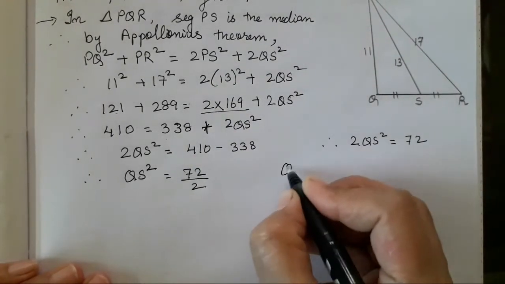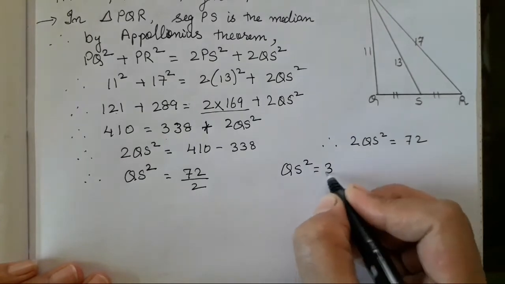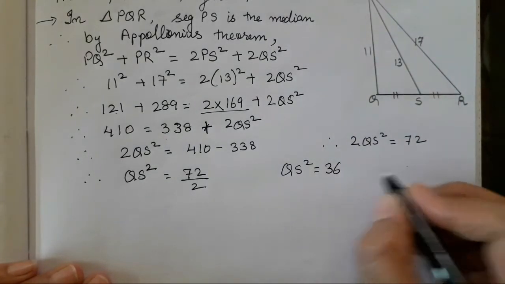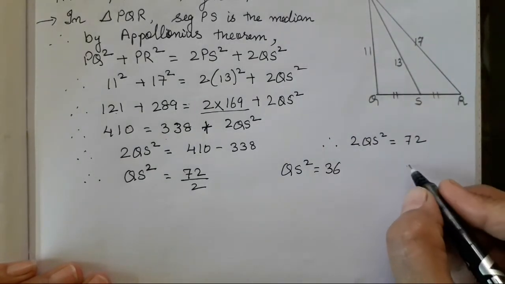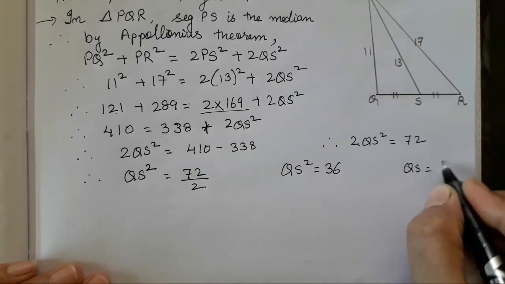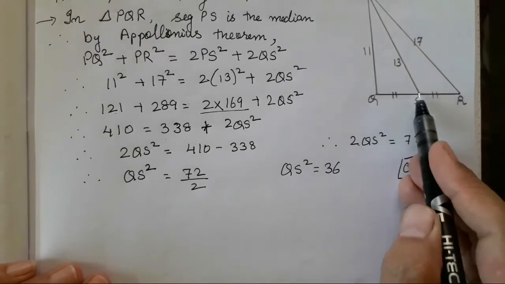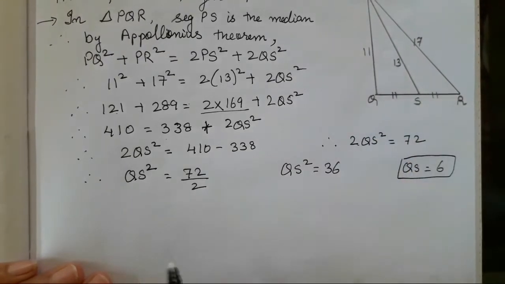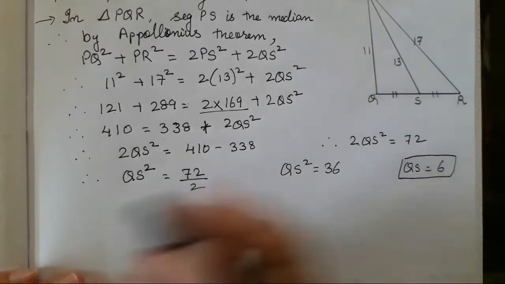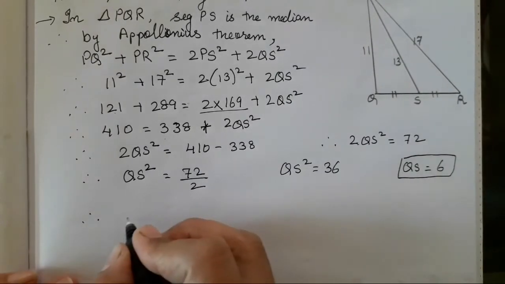Reduce it, and QS square is going to be 36. Now you all have to take the square root, so QS is going to be 6. So you have got your QS, that is this segment.